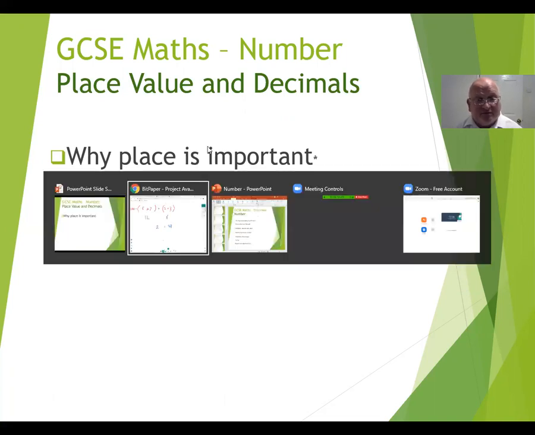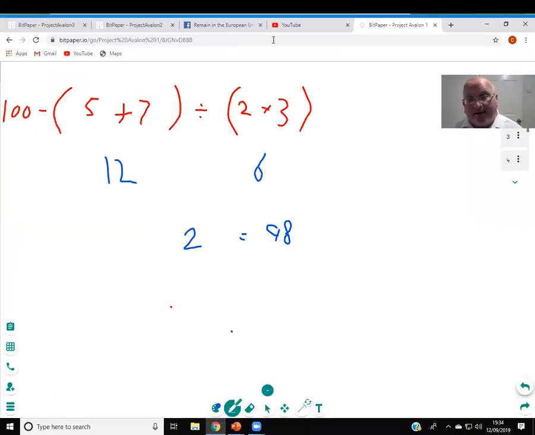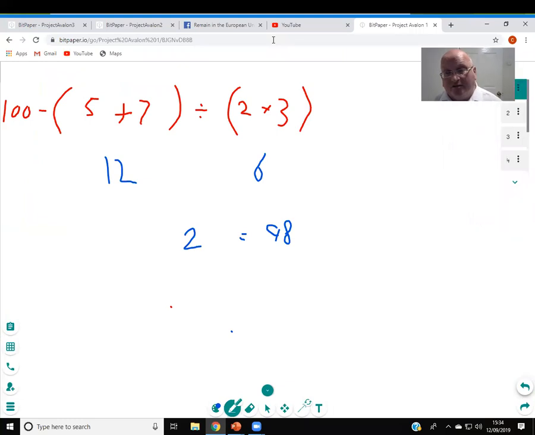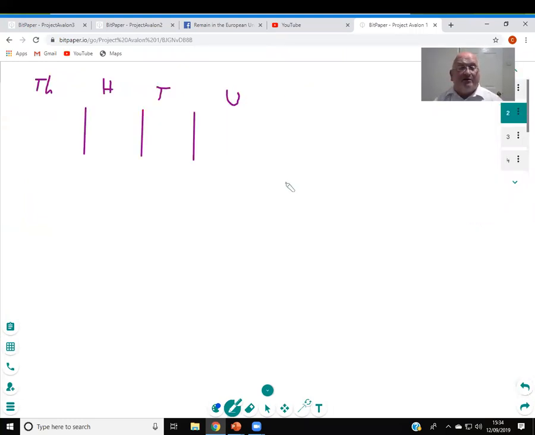Let's come back to my whiteboard and next screen. Now, when you write down a number like 1, 2, 3, you might think there that the 3, being bigger than 1, is worth more, but it's not, because of where it is.